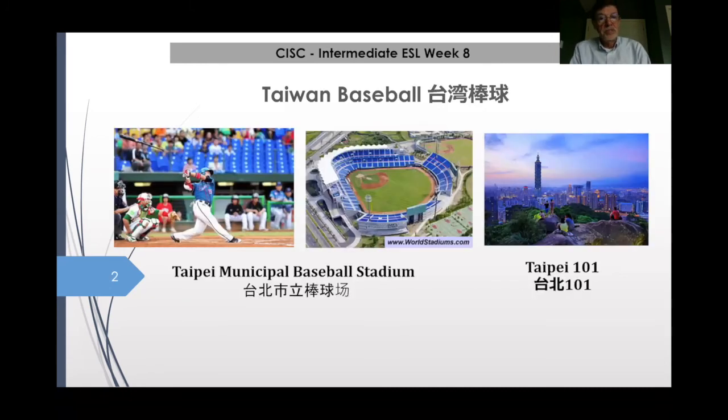So Taiwan baseball. A couple of years ago, before I retired, I was in Taiwan for the second time. I really enjoyed Taiwan. And one night we went to a baseball game there in Taoyuan. I'm sure I pronounced it incorrectly, but it was at the Taipei Municipal Baseball Stadium.